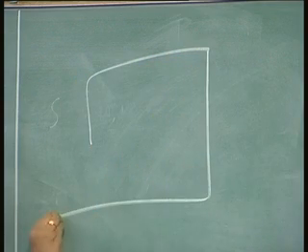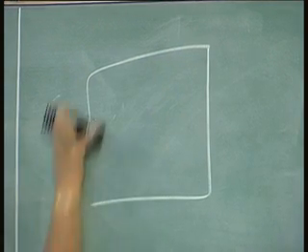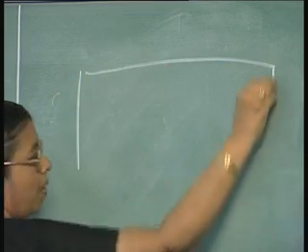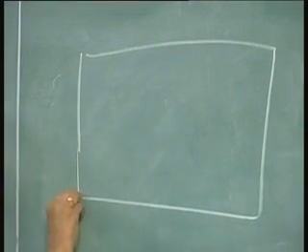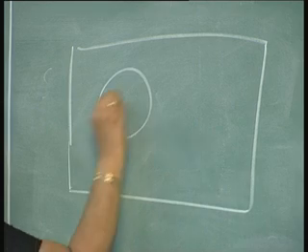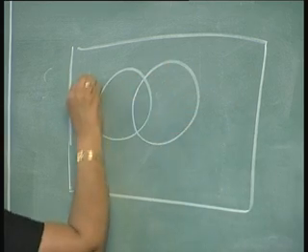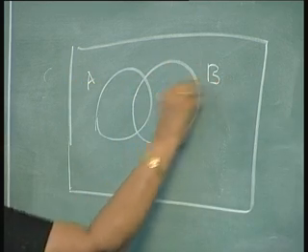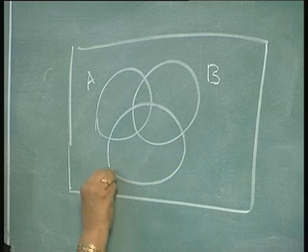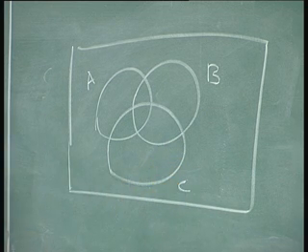You have the universal set like this. You have set A, you have set B, and you have set C. What is the left hand side?